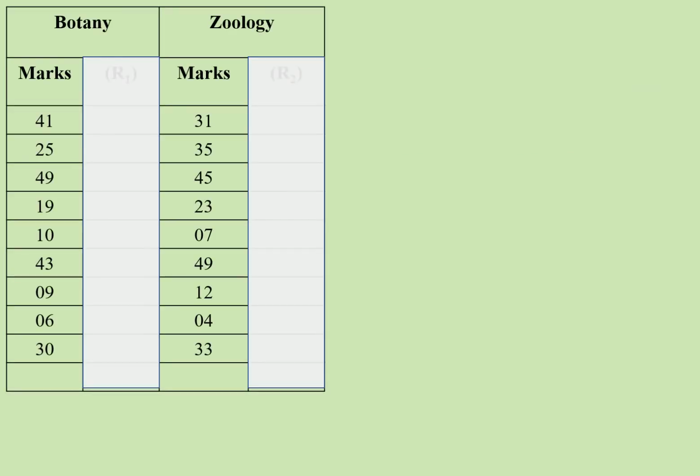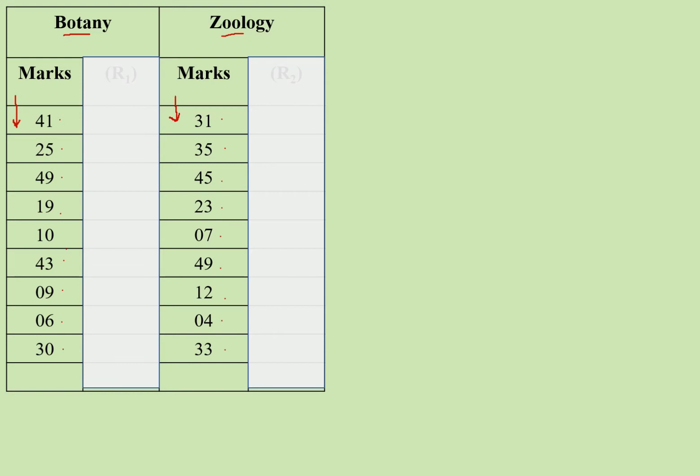First write down the marks obtained by students in botany in this column: 41, 25, 49, 19, 10, 43, 9, 6 and 30. Now write down the marks obtained in zoology: 31, 35, 45, 23, 7, 49, 12, 4 and 33.